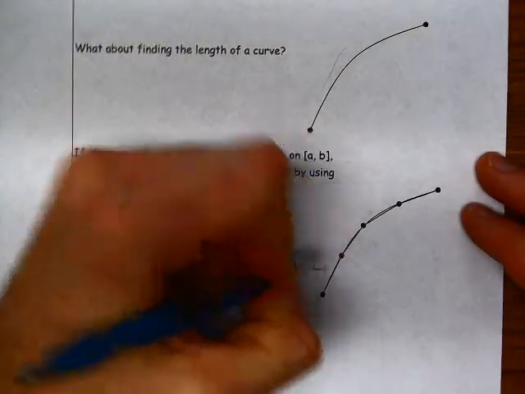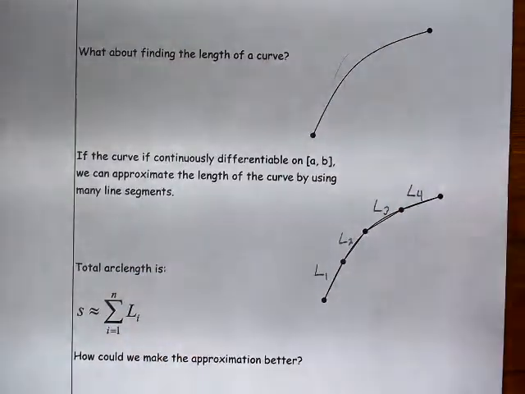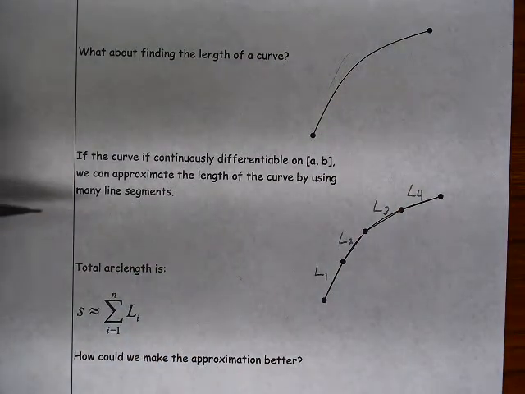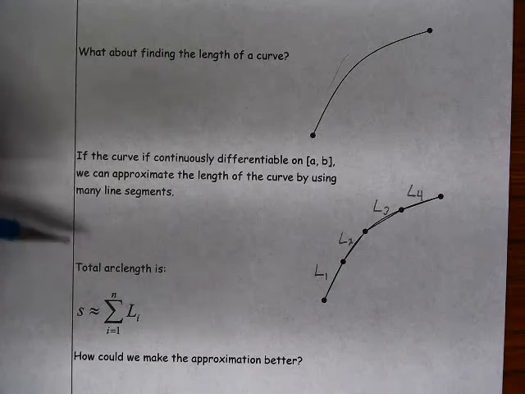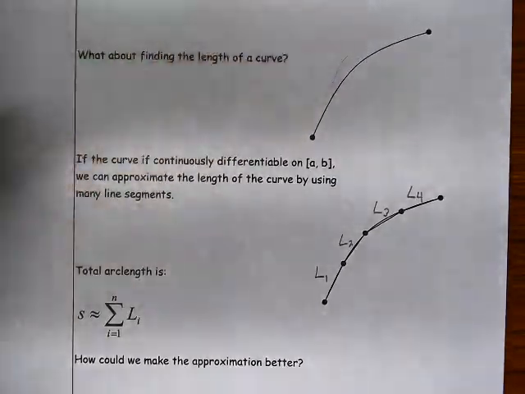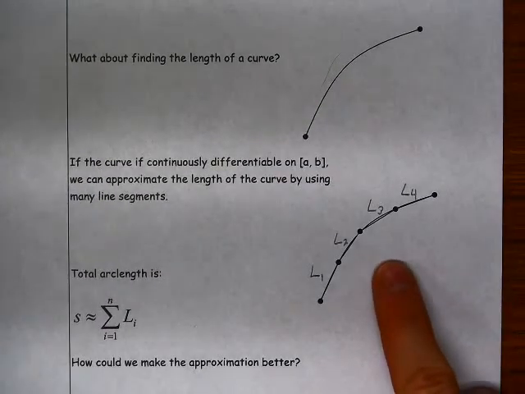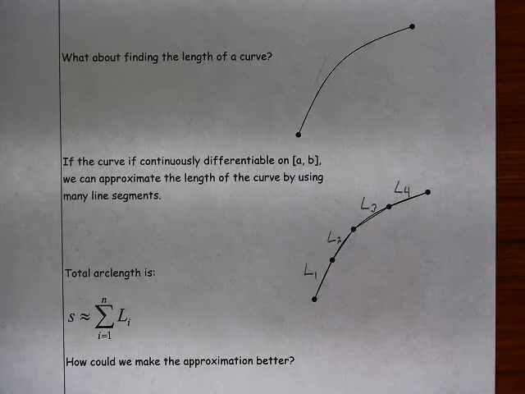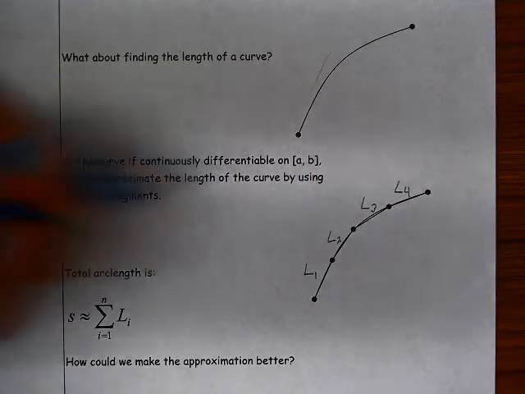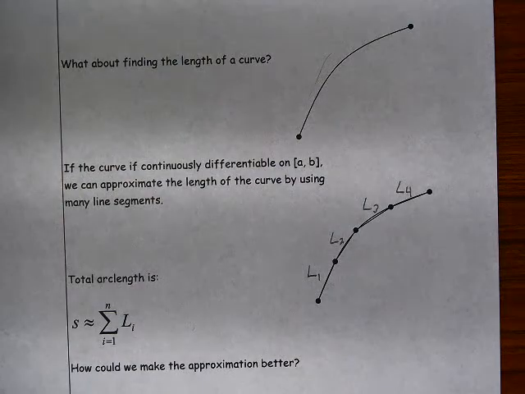So I have L1, L2, L3, and L4. If I add those all up, I will get an estimate of the total length of this curve. Obviously we could make the approximation better if we used more segments, so we would get less error in each length we calculate.